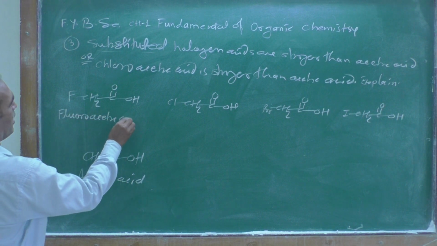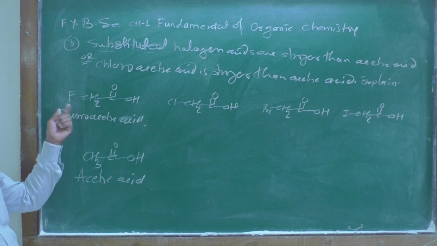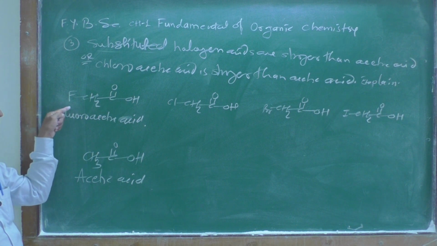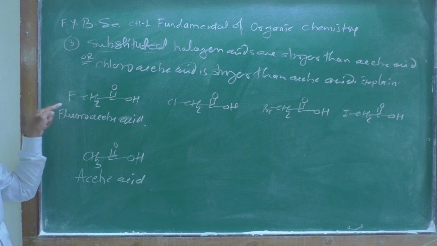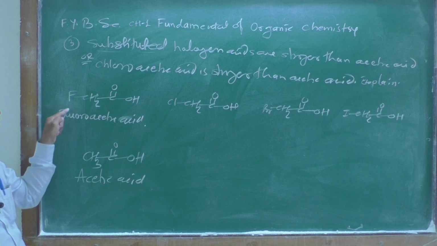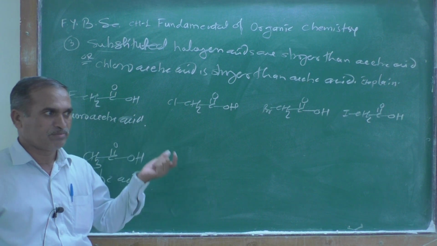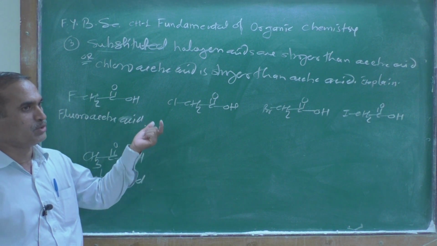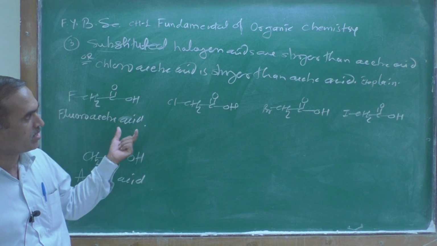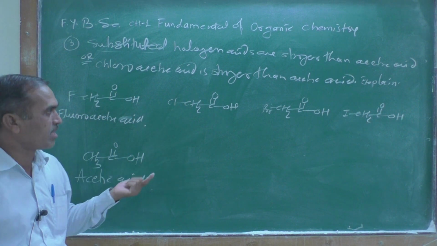One of the hydrogen atoms is replaced by a fluorine atom, and therefore it is known as fluoroacetic acid. So now you are able to give the name of this compound. This is fluoroacetic acid. This will be chloroacetic acid, right?